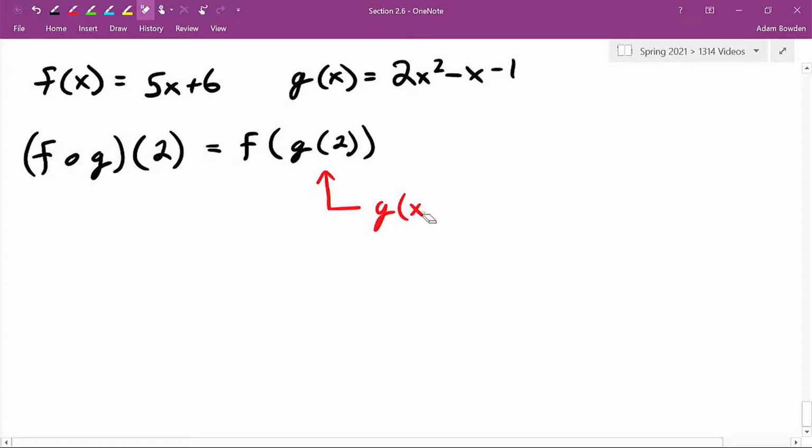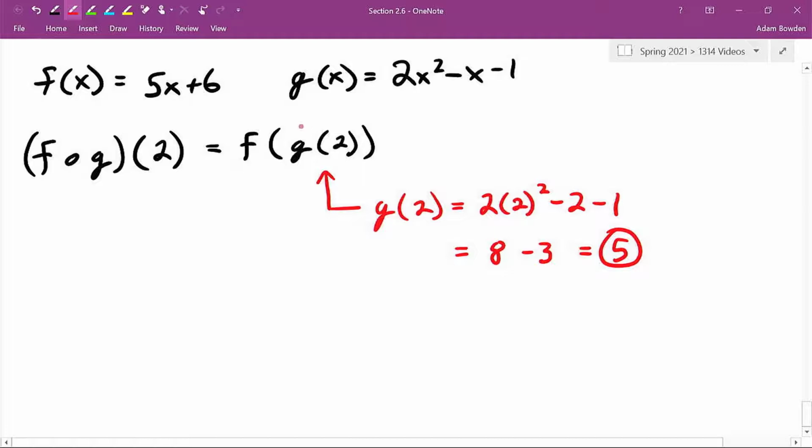So g of 2 would be equal to 2 times 2 squared minus 2 minus 1. And that's equal to 8 minus 3, and that's equal to 5. So that number in here, the g of 2, is 5.